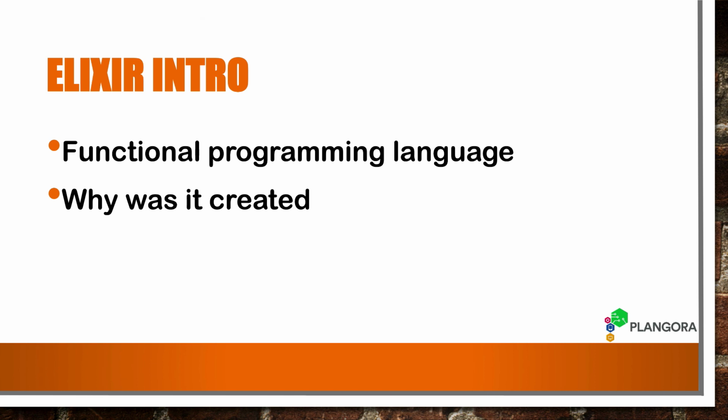Now, Elixir itself is what we call a functional programming language. Now, this is totally different than object-oriented programming languages in the fact that functional programming languages are a lot easier to parallelize. They're easier to keep track of state, and they have immutable data structures.